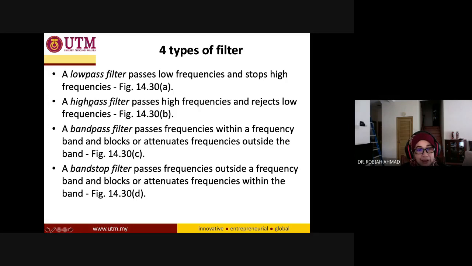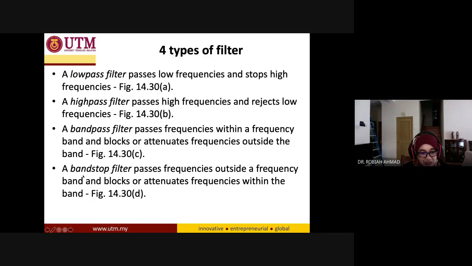A high pass filter, as its name suggests, passes high frequencies and rejects low frequencies. We will look at the figures afterwards. A band pass filter passes frequencies within a frequency band. There is a certain range of frequencies that we need to keep and reject the others, so we use a band pass filter.